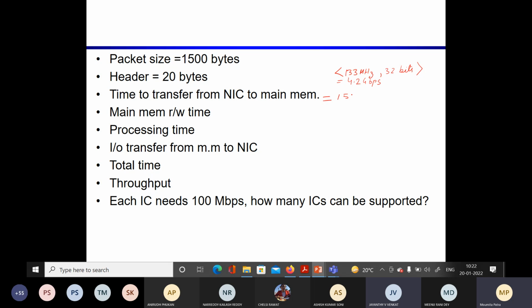So what is the transfer time for main memory? We have a 1500 byte packet size with 4.2 Gbps.